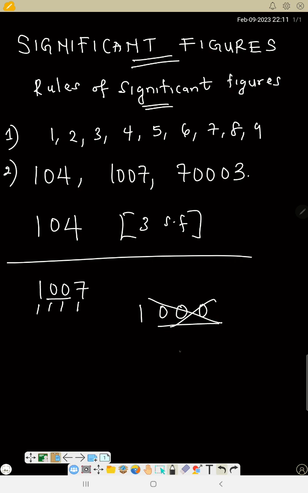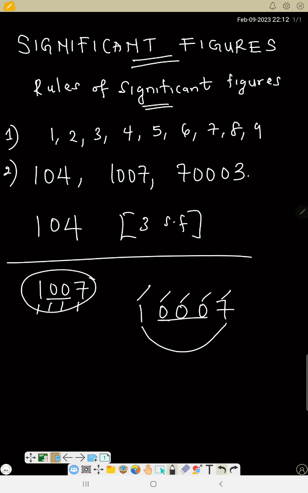All the zeros are not significant in this case, if a number is not closing it. But if a number closes the zeros, that is the zeros are between numbers, then you must count it as part of significant figures. So this is 1, 2, 3, 4, 5. So this is 5 significant figures.